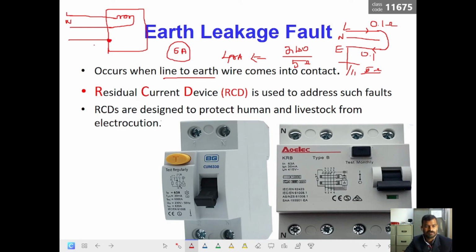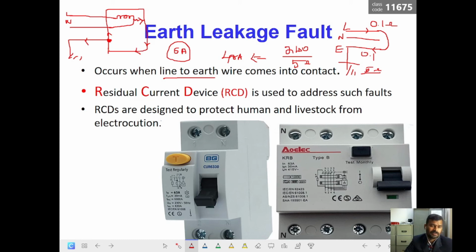The body of the machine is grounded. Now there is a leakage like this, and the current starts circulating in this body. Since we have grounded it properly, the leakage current circulating here would try to flow through this earth conductor and reach the earth.